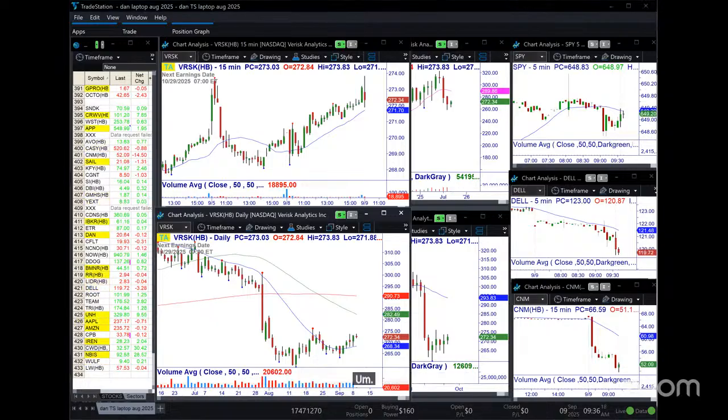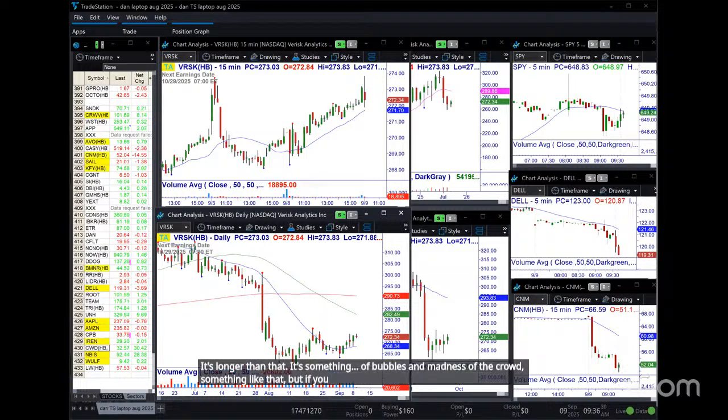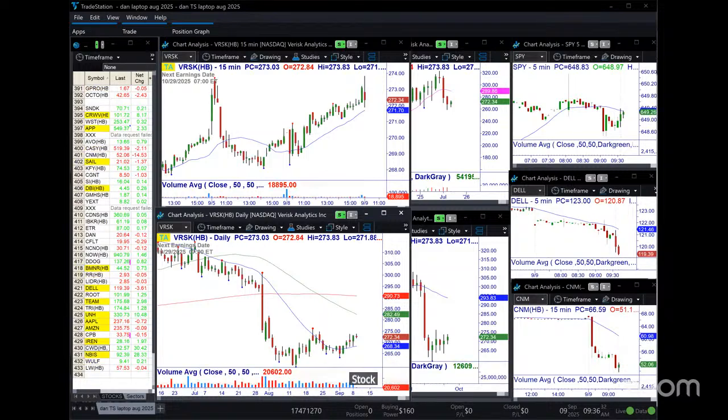I'm paraphrasing, but it's something like the Madness of the Crowds. It's longer than that. It's something like Bubbles and Madness of the Crowd. But if you Google Madness of the Crowd stock market book, you'll find it. It's a great trader psychology book.